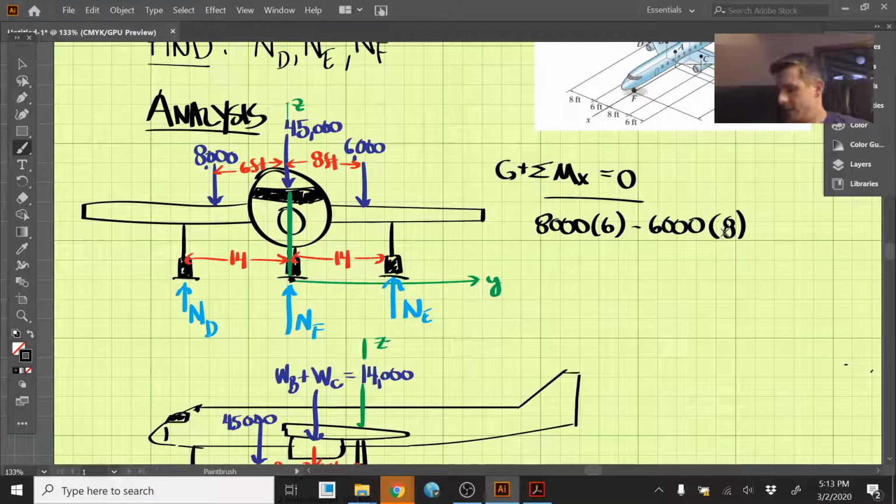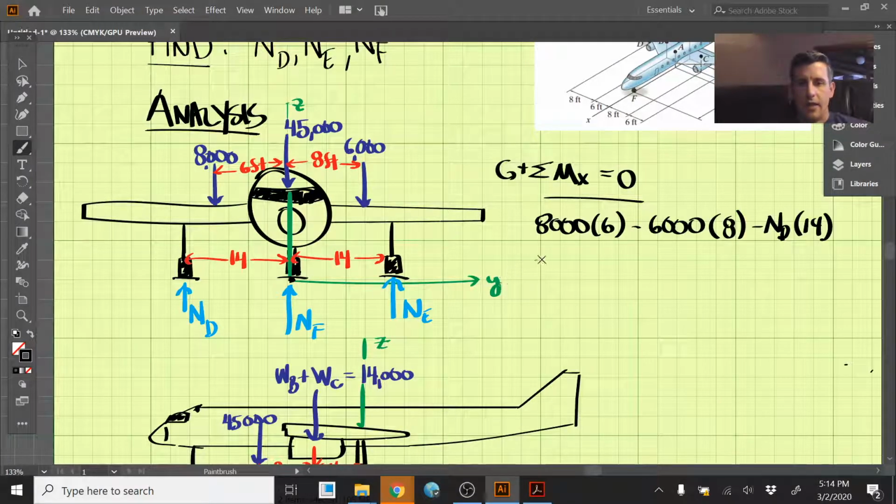Then we have the moments of the support forces, the unknowns. NF goes directly through the x-axis, so it's not going to create a moment around the x-axis. ND is going to create a clockwise moment, so that's negative ND times 14 feet.